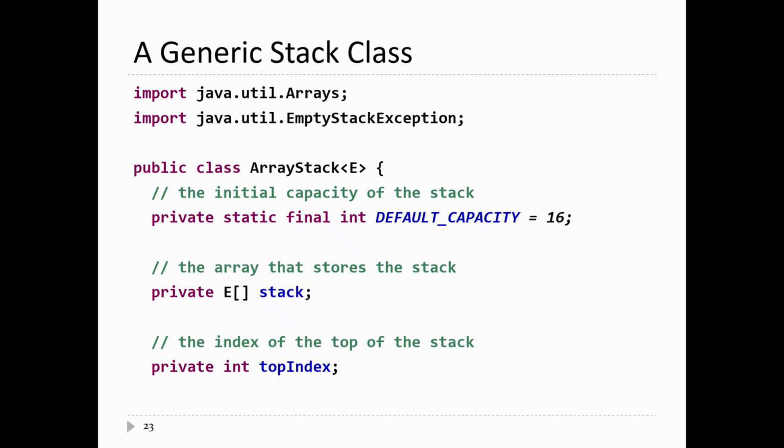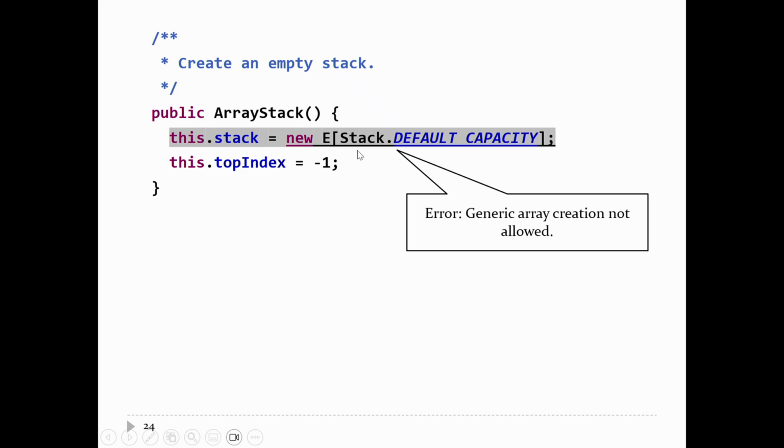Okay, so in our constructor, we need to make an array of type E. We need somewhere to store the elements, so I have to make a new array. If in Eclipse you write new generic type here, some number here, Eclipse will complain. It'll say you're not allowed to make a generic array.